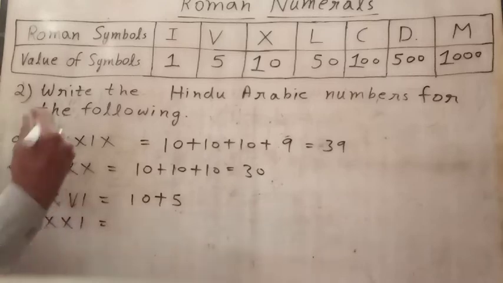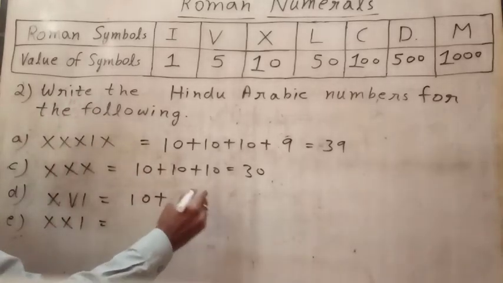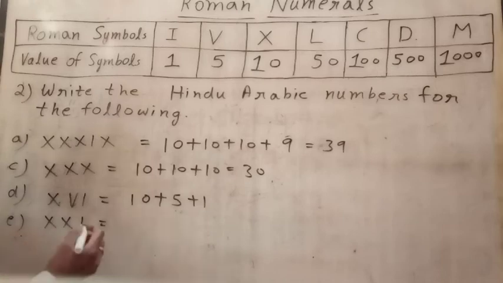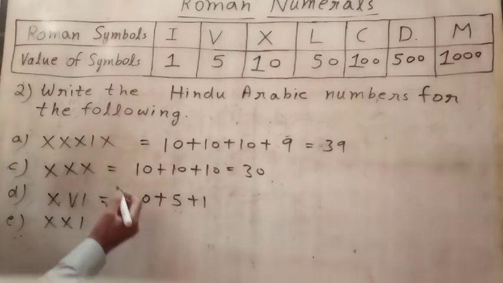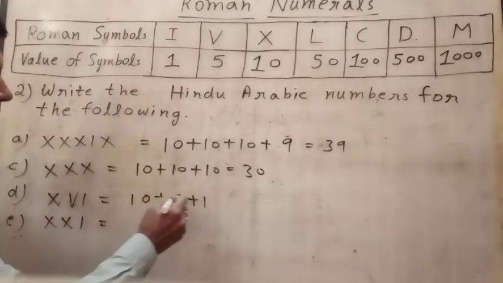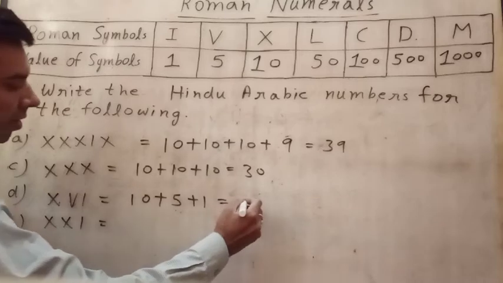I is written to the right hand side of the V. So what we do? We add. If the smaller numeral is written to the right side of the greater numeral, we add. Clear? So VI is written to the right side of the X. 10 plus 5 plus 1. So what is the value? 16. Clear?